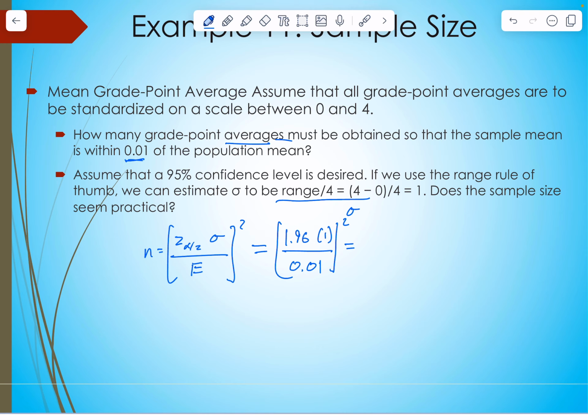And so if we do that, we get 1.96 divided by 0.01, which equals that.